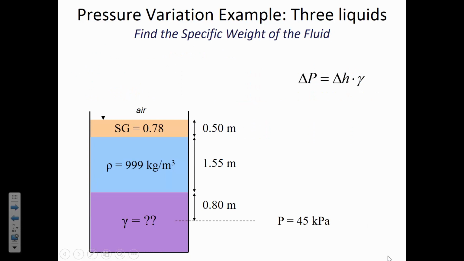All right, so now what about this one? 3 liquids, and we've got a lot of different information along the way here. We want to know the specific weight of this third fluid. So we know the specific gravity of the first, the density of the second, and we have a pressure measurement at some depth into the third liquid.